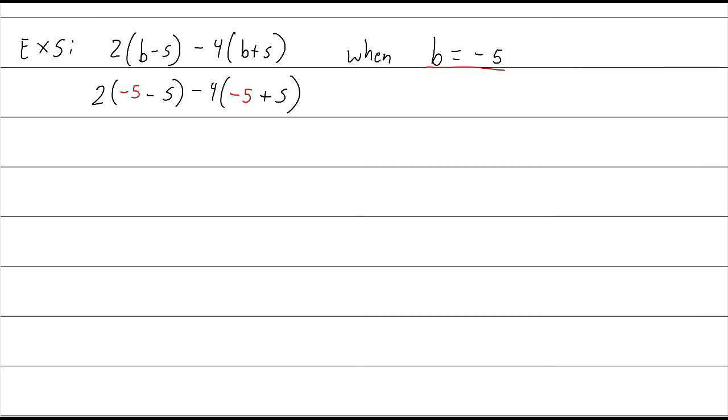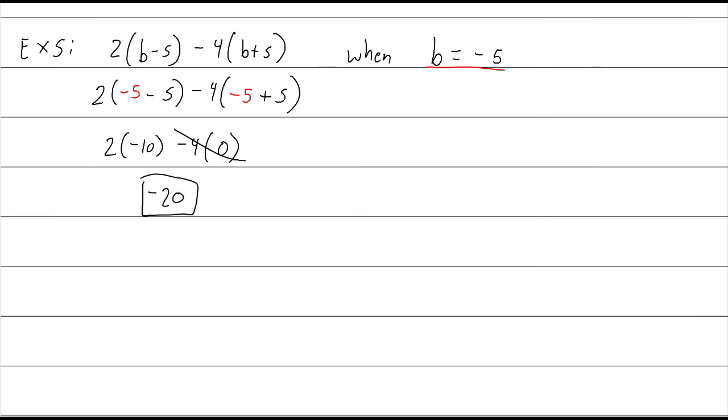Negative 5 minus 5 is negative 10. Negative 5 plus 5 is 0. I like when 0 happens, because that's going to multiply together and be 0. So at that point, I'm just going to ignore that term altogether. 2 times negative 10 is negative 20.